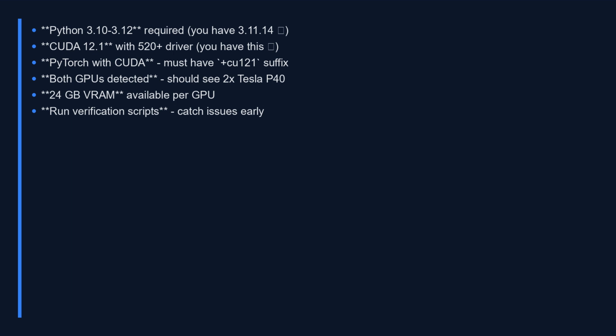Both Tesla P40s must be visible to PyTorch with TCC mode active and 24 GB of VRAM each showing as available. And the GPU computation test must complete in under a second. Every one of these checks has a clear fix if it fails, and you now know what each one is.